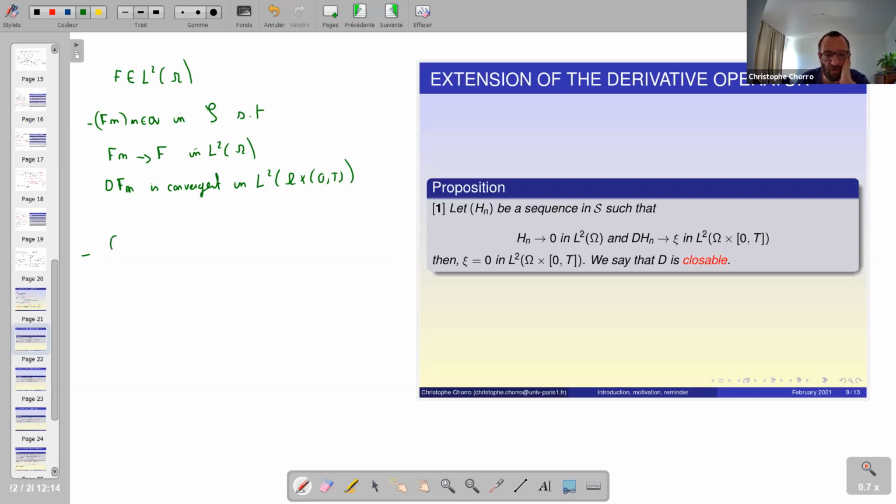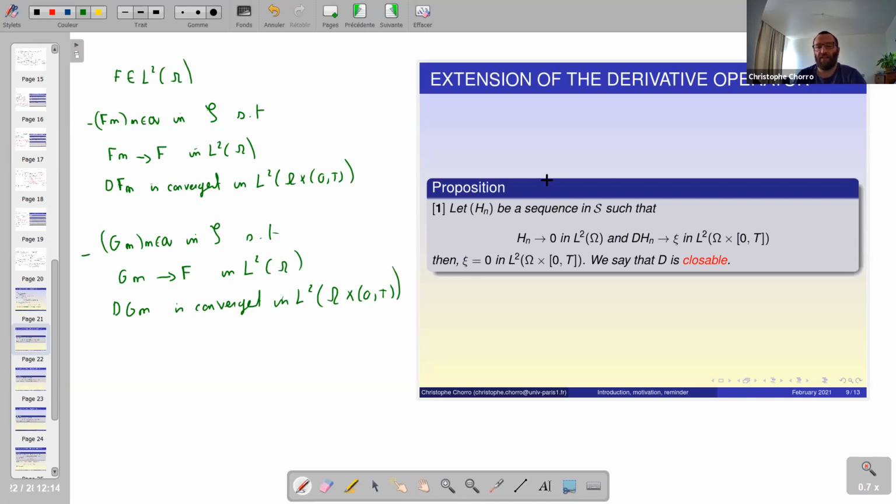So suppose that you have another sequence, Gn, in S, such that Gn approximates F in L2 of omega, and such that D of Gn is convergent in L2 of omega times 0 capital T.